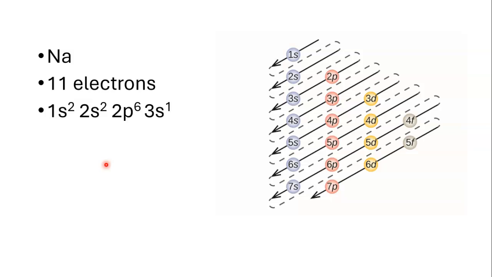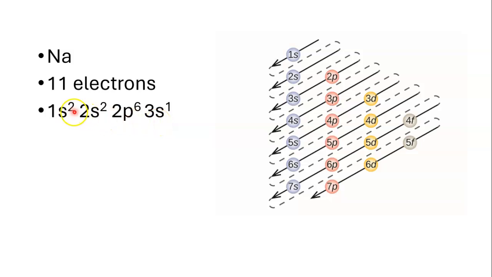So if we go through and look at the electron configuration, again, there's 11 electrons, and if we follow this diagram of how things are going to fill, we see that the 1s will fill first, the 2s will fill, the 2p will fill, and then our 3s orbital will get 1 electron.